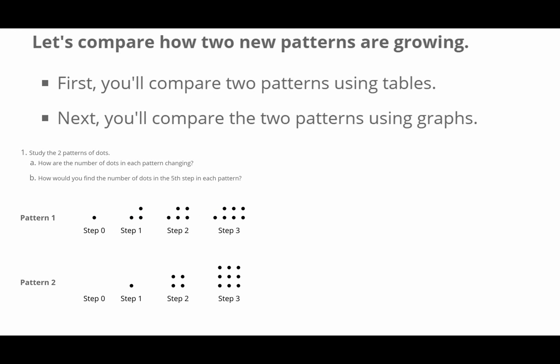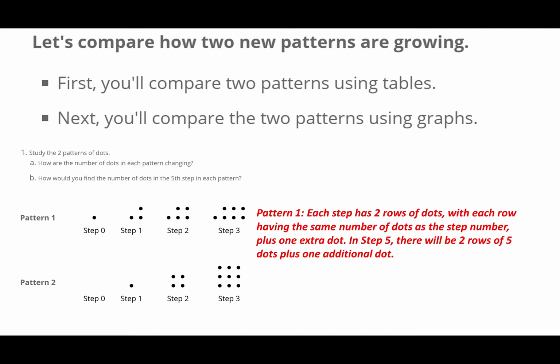One way that you can be looking at this is that each step has 2 rows of dots. So in step 1, we have these 2 rows of dots. Step 2, we have these 2 rows of dots. Step 3, we have these 2 rows of dots, where each of those rows has the same number of dots as the step number, and then also plus this 1 extra dot on that bottom left.